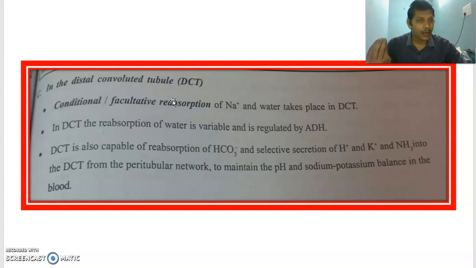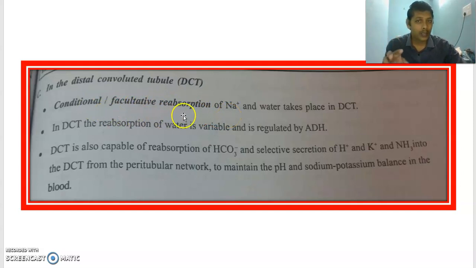If you are dehydrated, if you do a lot of exercise, there will be more sweating. When you sweat out, your blood water volume decreases. That means the conditions in our body are not the same all the time. They change, and according to the conditions, this reabsorption takes place. That's why it is called conditional or facultative reabsorption.